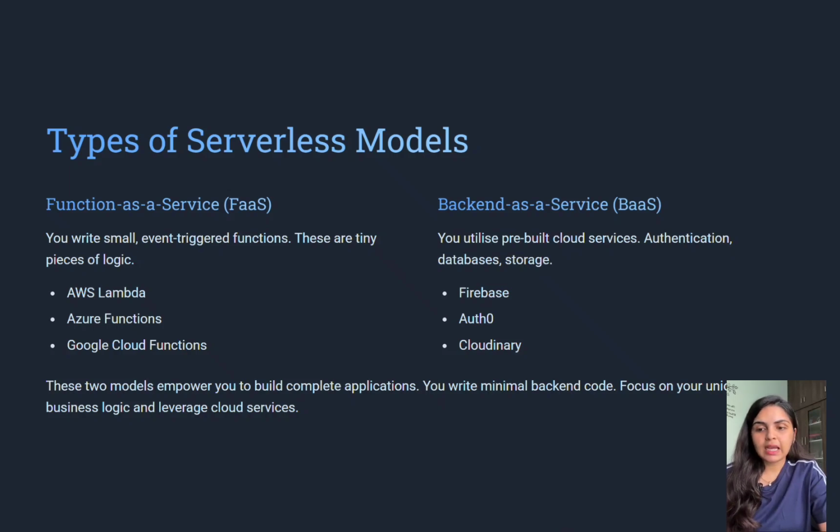Second, Backend-as-a-Service. You use pre-built cloud services like authentication, file storage, and databases. For example, Firebase handles your user logins, no need to build from scratch. Together, FaaS and BaaS allow you to build complete apps with minimal backend code.